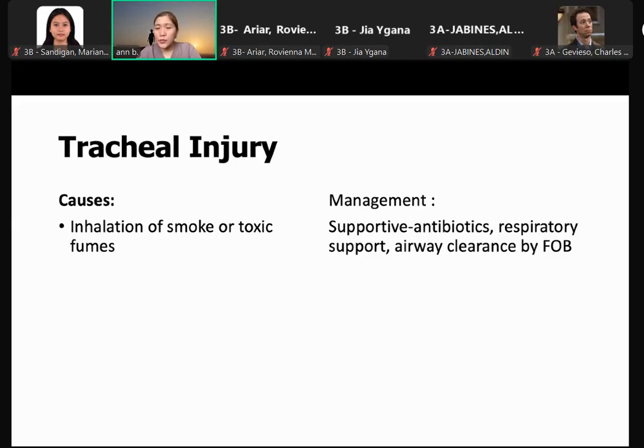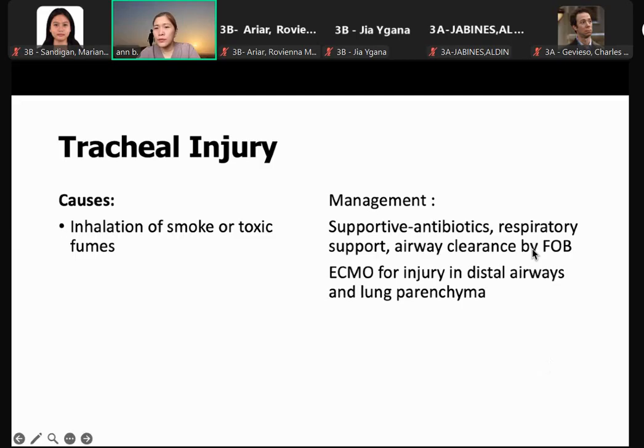Mostly management is supportive with antibiotics and airway support, respiratory support, and airway clearance by fiber optic bronchoscopy. ECMO is usually for severe cases already, for lung injury in the distal airways and lung parenchyma, but this is so morbid when we have these kinds of patients.